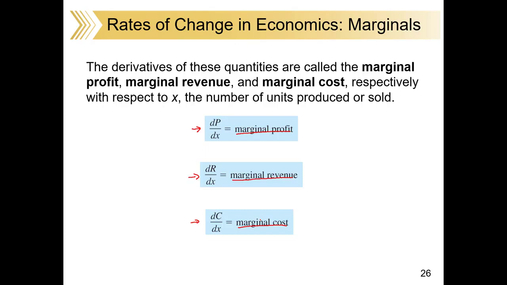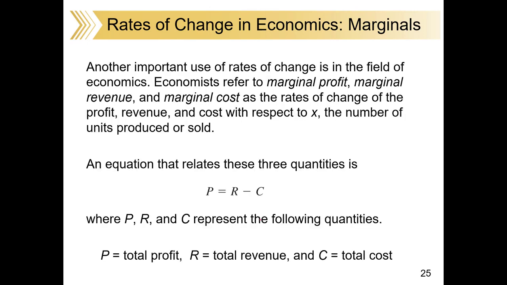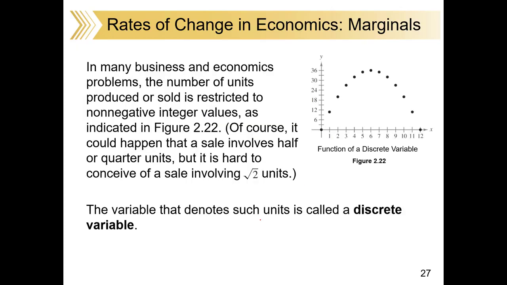You might want to write those down. But after you've used them for a day or two, they'll make total sense, along with the fact that you've got P equals R minus C. So this is an example of what this might look like.